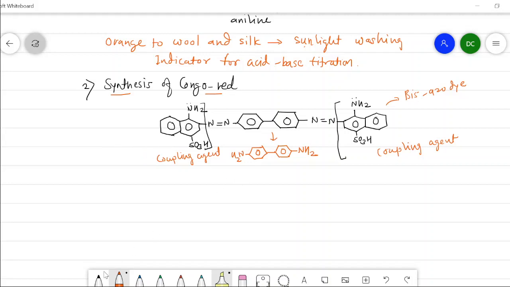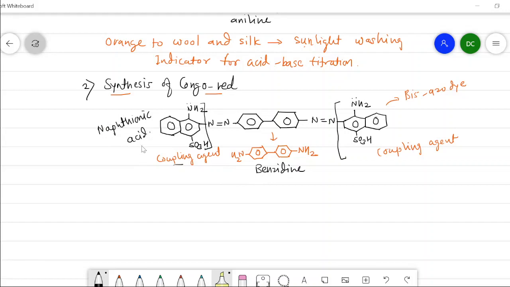So, when benzidine is diazotized, we get a diazonium salt, and when it couples with naphthionic acid, we get Congo red. So here there are two reactants. First one is benzidine and second one is naphthionic acid.